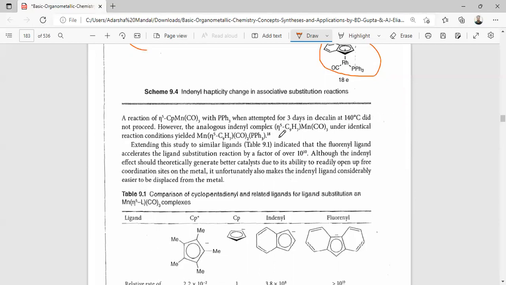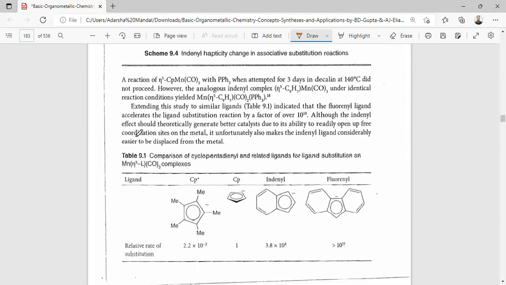However, the analogous indenyl complex undergoes the reaction under identical conditions to give the Mn eta-5 product. Extending this study to the similar fluorenyl ligand indicates that the fluorenyl ligand accelerates the ligand substitution reaction by a factor of 10 to the power 10. Although the indenyl effect would theoretically generate a better catalyst due to its ability to readily open up a free coordination site on the metal, the ease of slippage also makes the indenyl ligand constantly easier to displace from the metal.